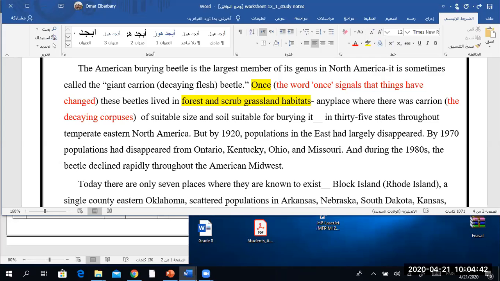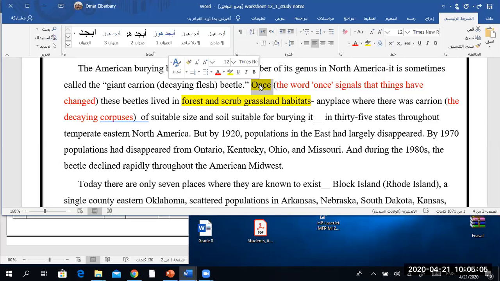Very good. The word once here signals that things have already changed. So we don't assume that the beetles live in these areas anymore. How do we know? The author hasn't told us yet, but we learn it only from the word once. And this is how you think and analyze a text, boys.